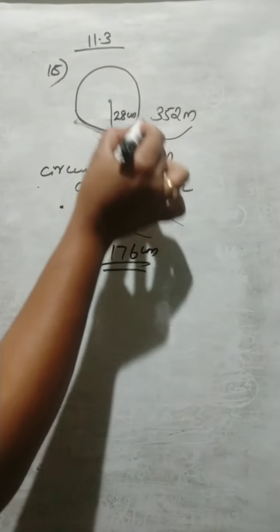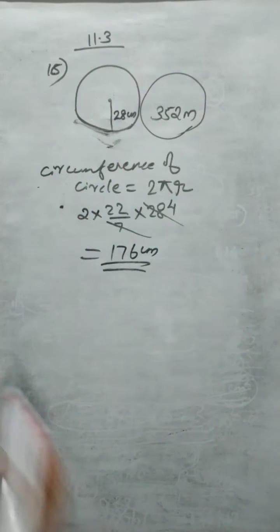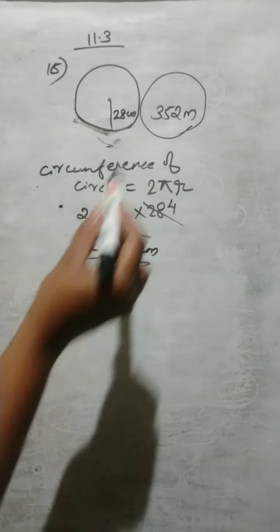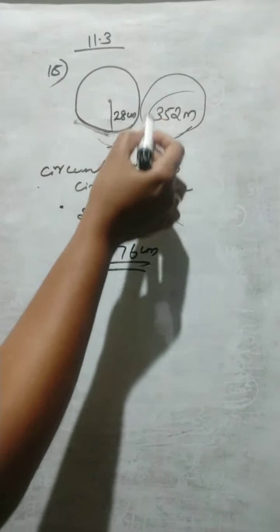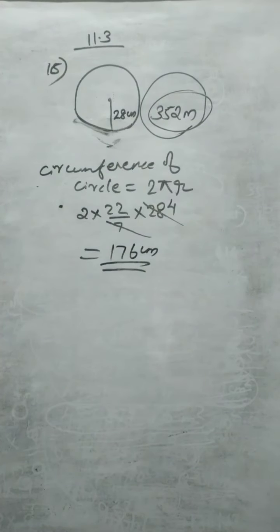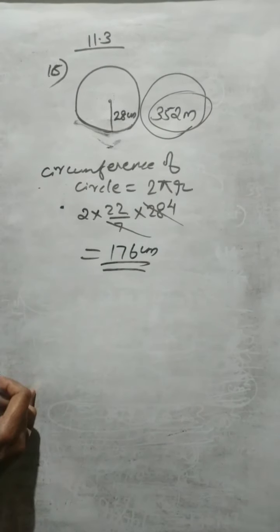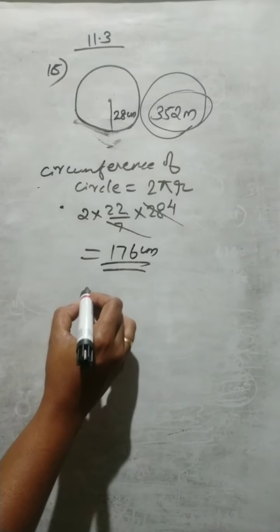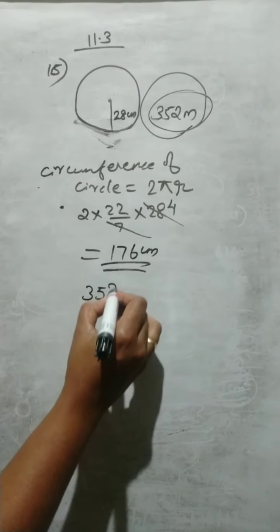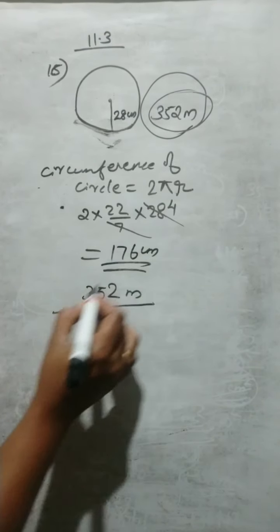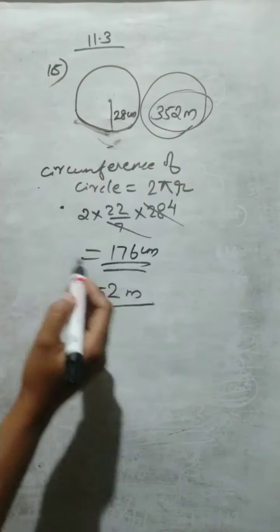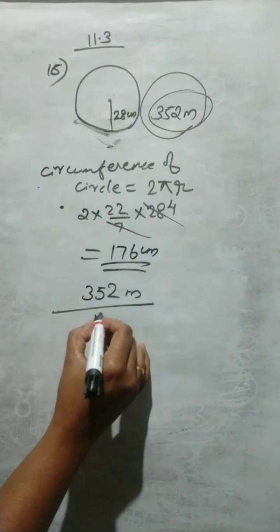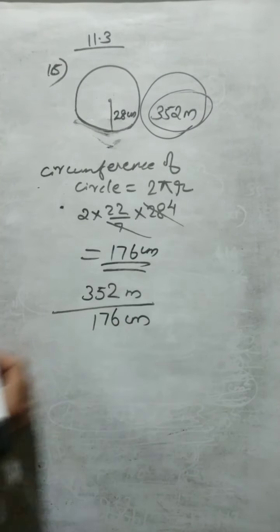But we have to understand this. We want to know how many times this wheel needs to rotate to complete 352 meter. This is in centimeter. Think about it. They need 352 meter, but one rotation of this wheel covers only 176 centimeter.